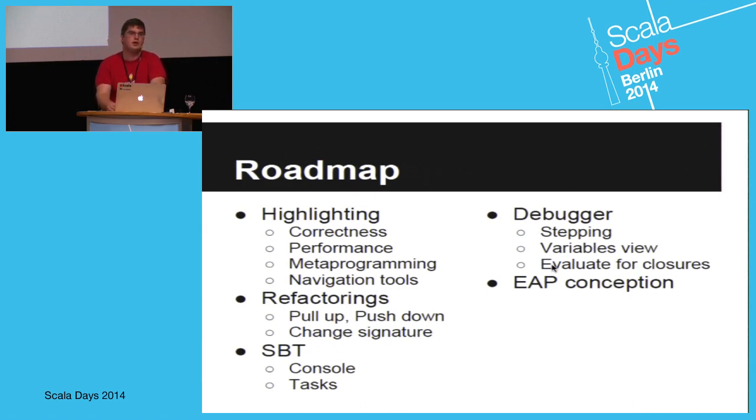For example, the implicit search tool, which we already have, can't search deeper than the first level. So we also want to implement deeper search for recursively added implicit parameters. It can help to debug some Spray problems, for example, where the DSL is sometimes insane, adding deep recursion of implicit parameters.